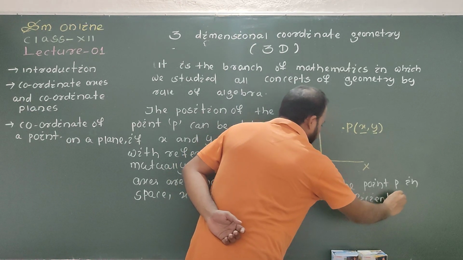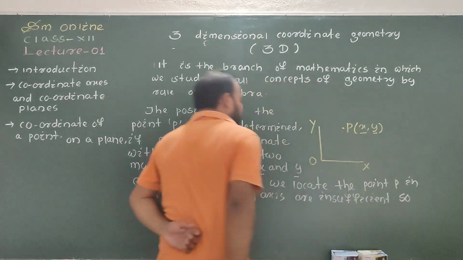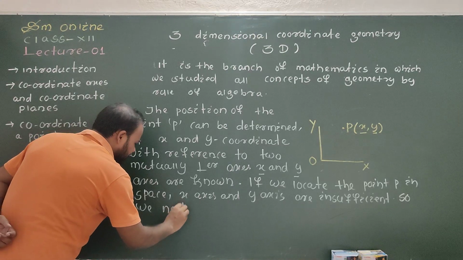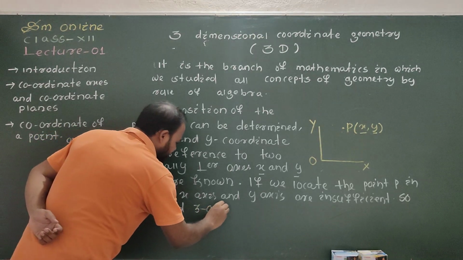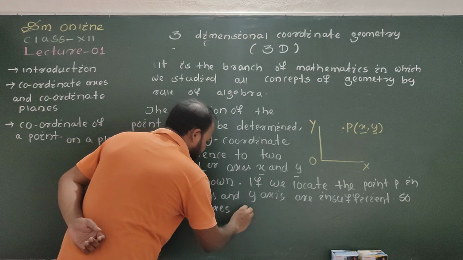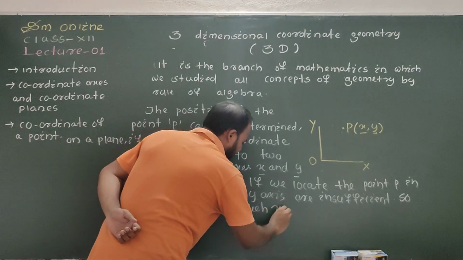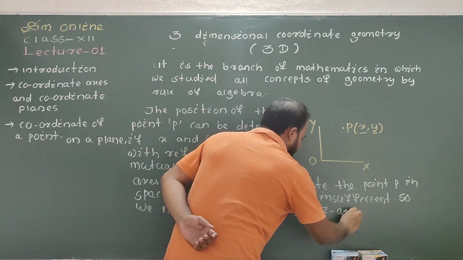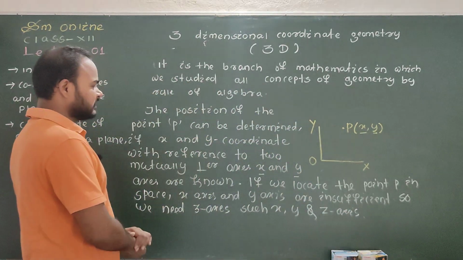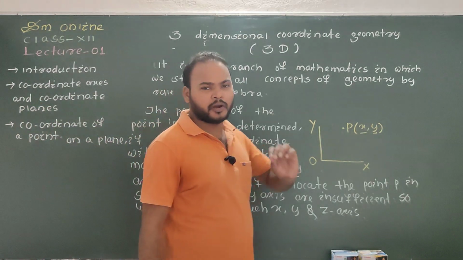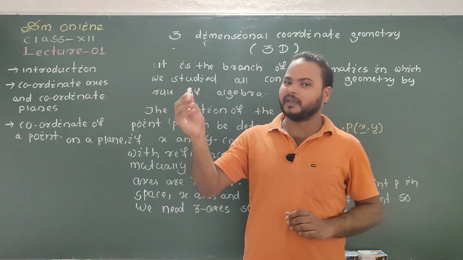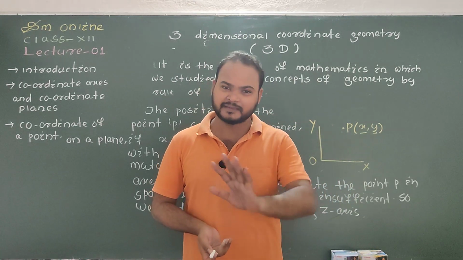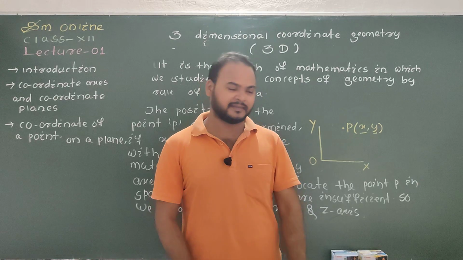So we need three axes, such as x, y and z axis. So if we locate a point P in space, then we need three axes: the x axis, y axis and z axis.